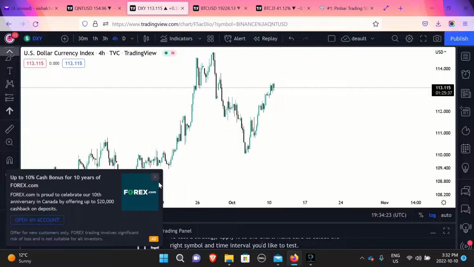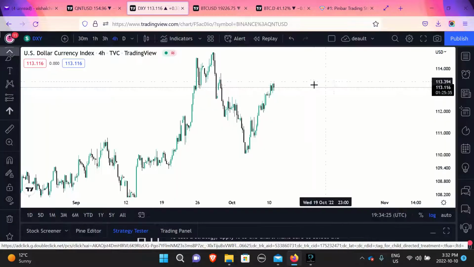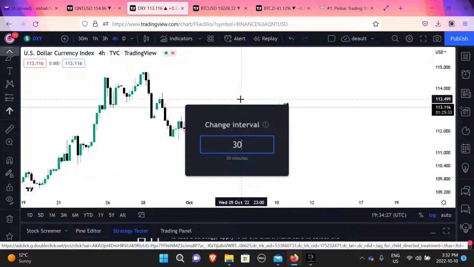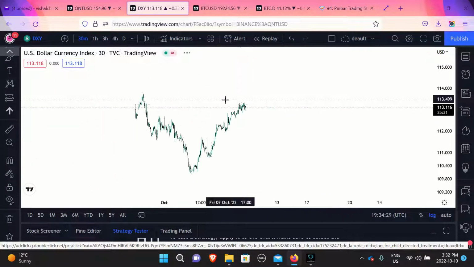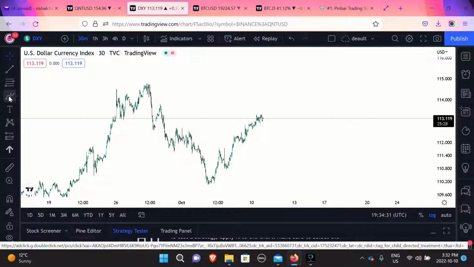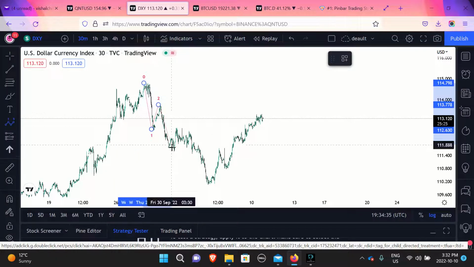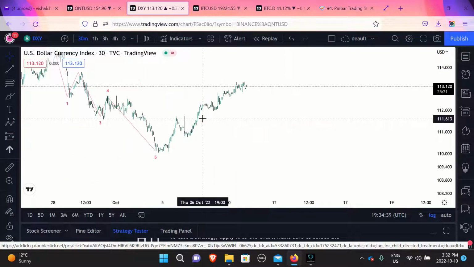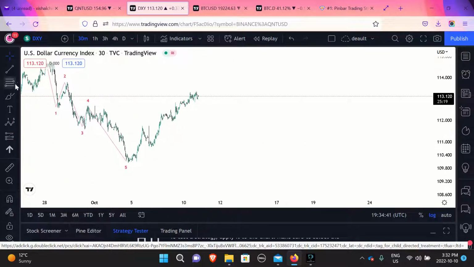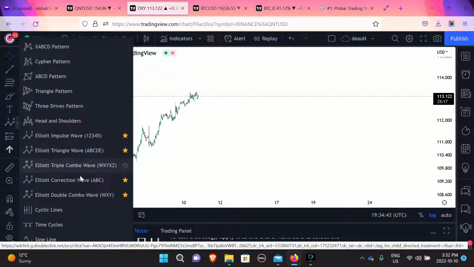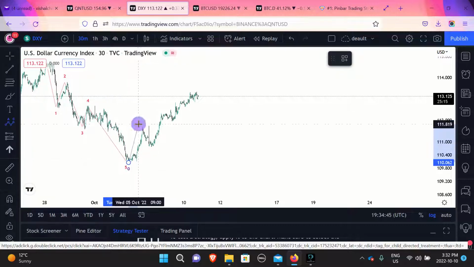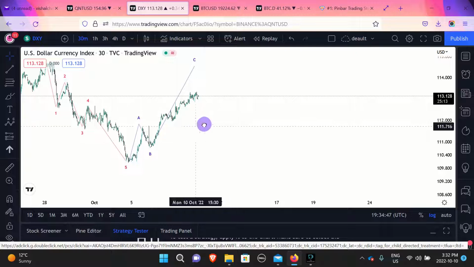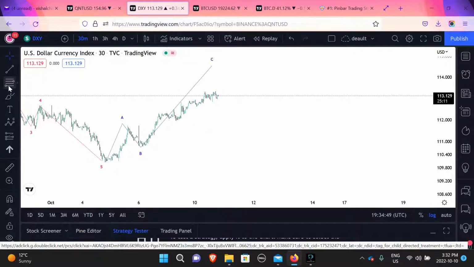Let's take a look at DXY. For DXY, let's drop down to the 30-minute time frame. We had our 1, 2, 3, 4, 5 with our wave 5 extended. And then what I think we're doing over here is we're having our A, B, C. Now where could our C leg hit?